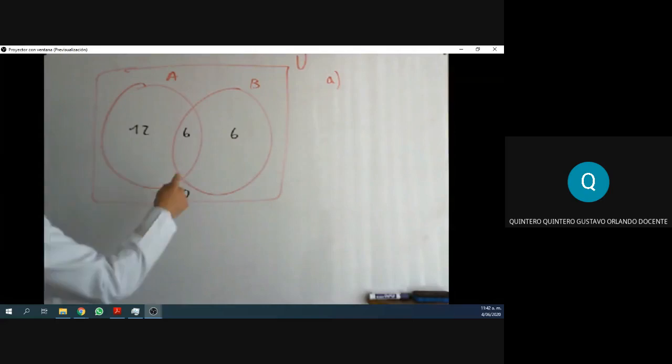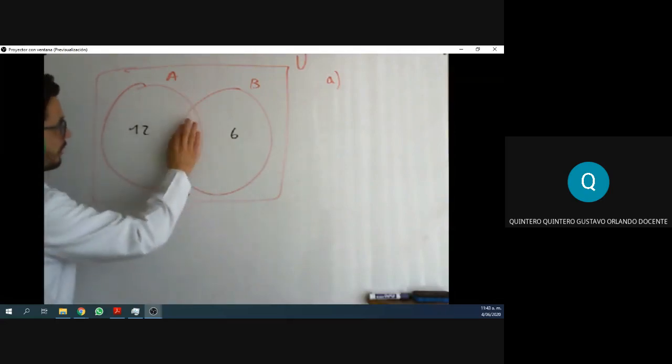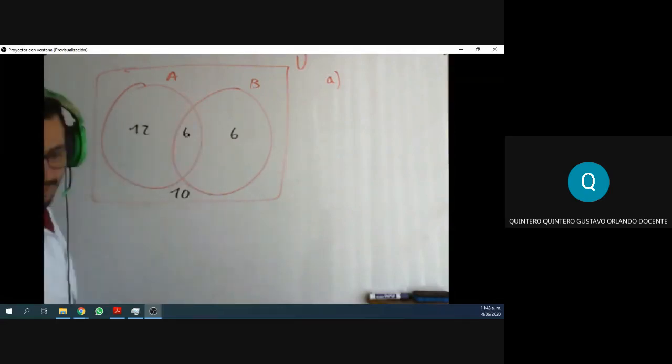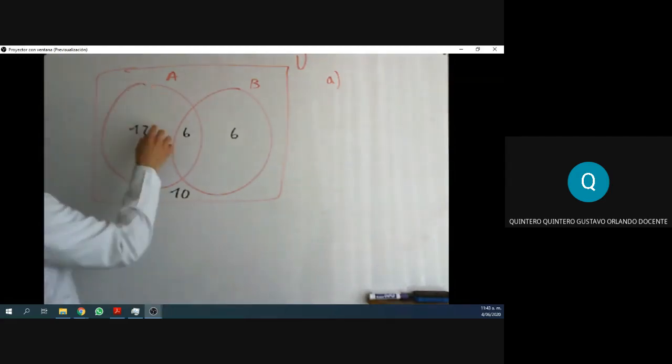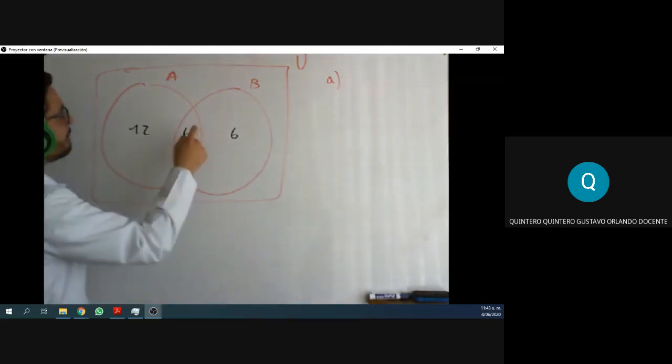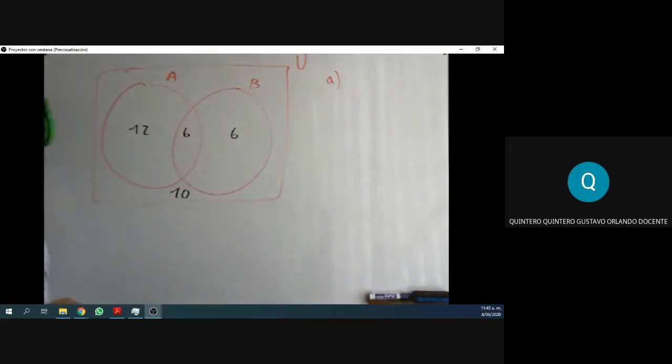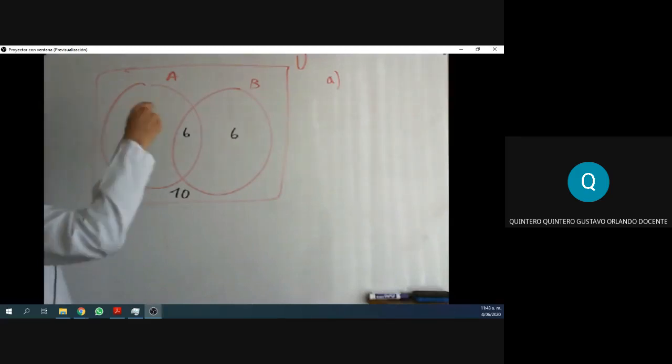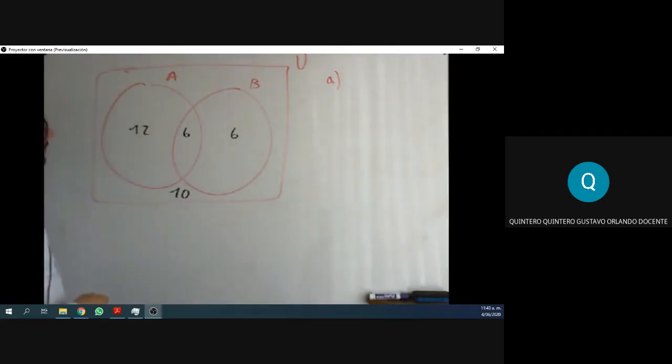So this intersection here, we're not going to count it, right? Remember, A and B at the same time is the intersection.